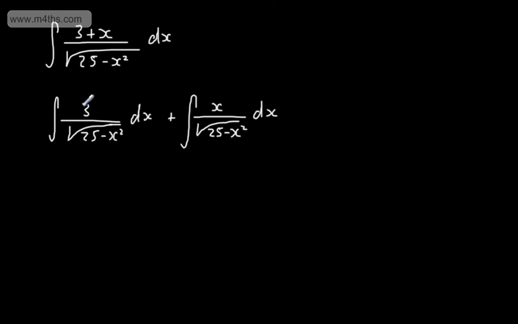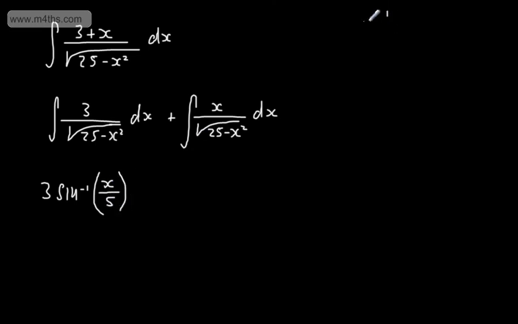If we look at this one, this is going to give us one of our standard results. So if you like, you could write this as 3 lots of 1 over the square root of 25 minus x squared. So this would give us 3 lots of the inverse sine or arcsin of x over 5. That is one of our standard results.